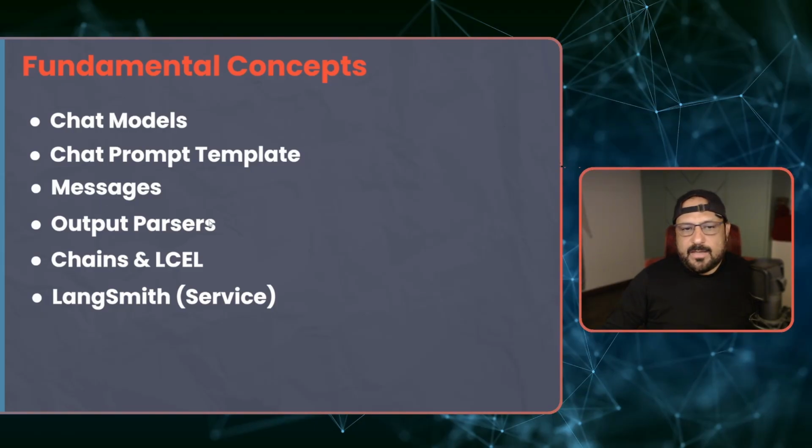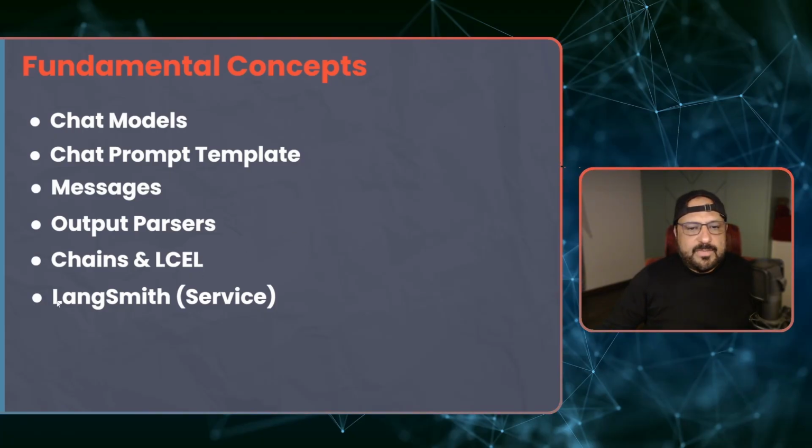Then we looked at what an output parser is, just one of the simplest, the string output parser, for now. And then finally we looked at chains, how to combine all these to create a multi-step pipeline process using LCEL, which is LangChain Expression Language.